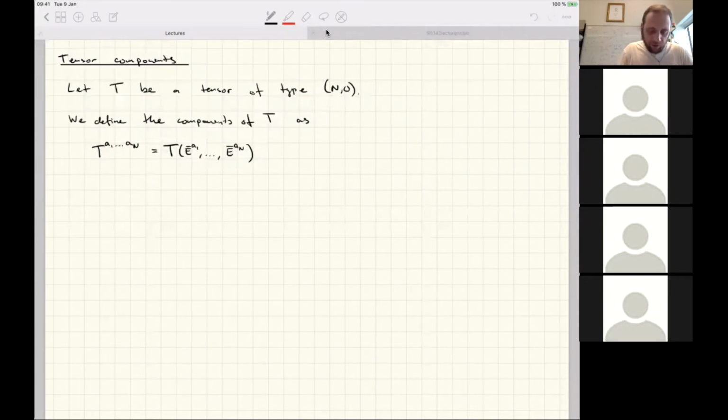Now I can do the corresponding thing for (0,m) tensors. In that case, I would have T(b1 through bm), and instead of putting the dual basis in here, I would put the tangent basis in here.